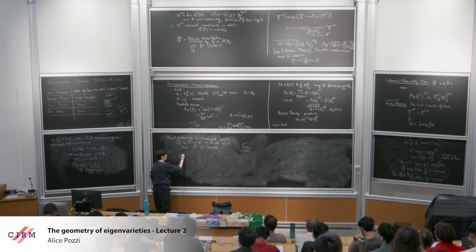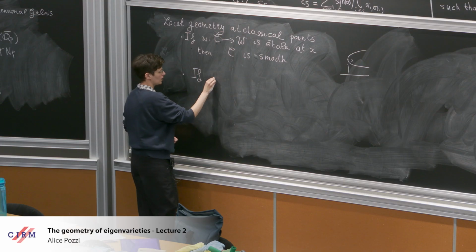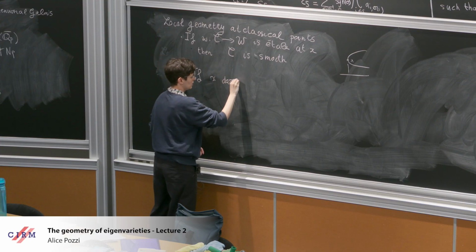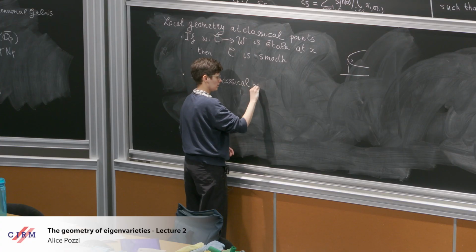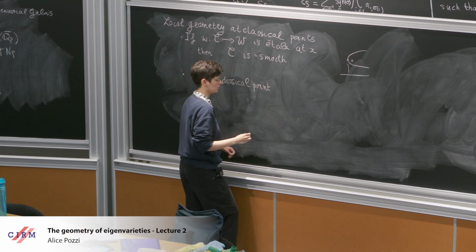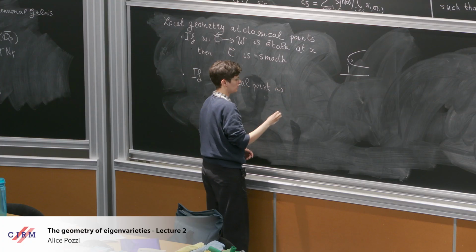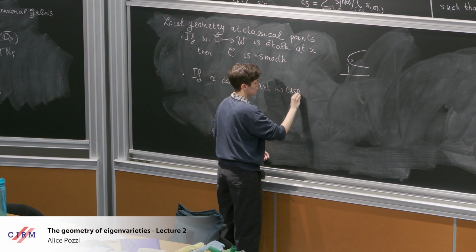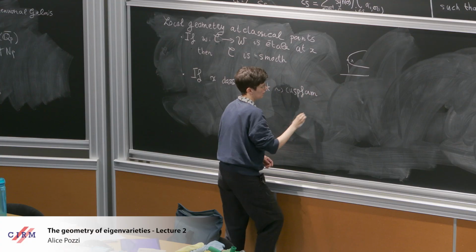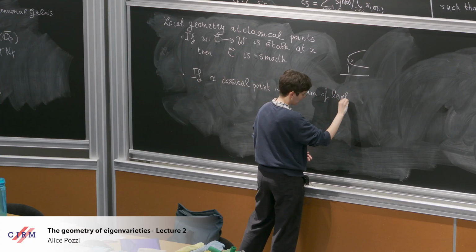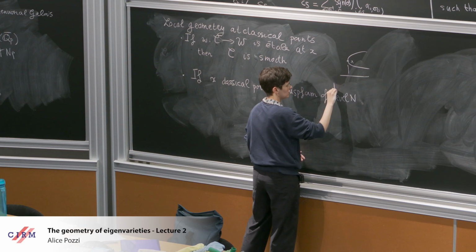So let's say I'm taking X, a classical point, corresponding to a cusp form of level exactly n, not tame level, sorry.